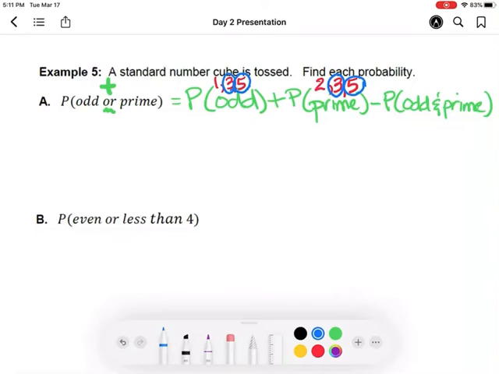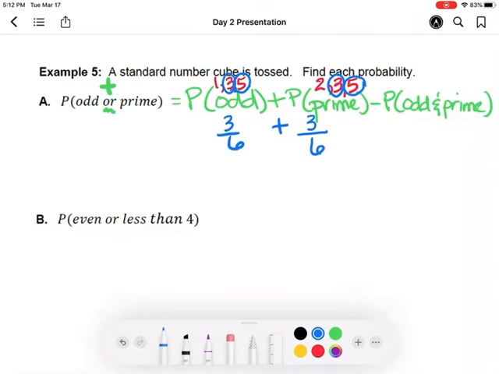So what we see is that there are two numbers, 3 and 5, that counted double in this calculation. The probability of being odd is 3 numbers out of 6, plus the probability of being prime is also 3 outcomes out of 6.